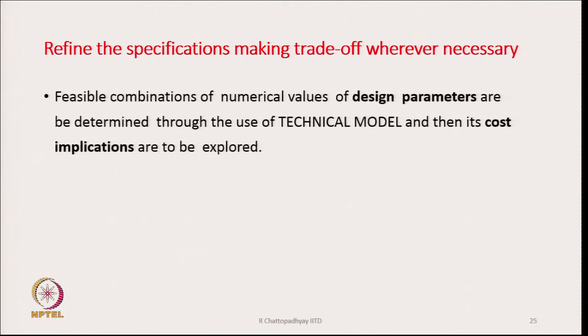Feasible combinations of numerical values of design parameters are to be determined through the use of the technical model and then its cost implications. So, for feasible combinations, first we try it out by the technical model, and we see that yes, it is achievable. Then we find out the cost implications for this.